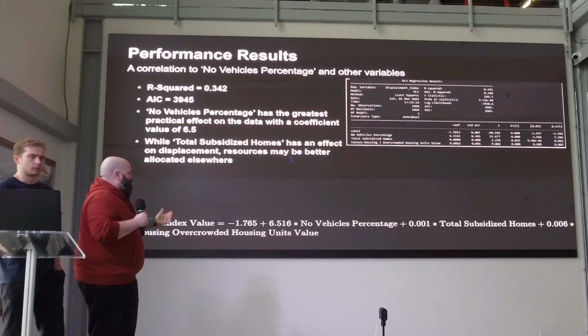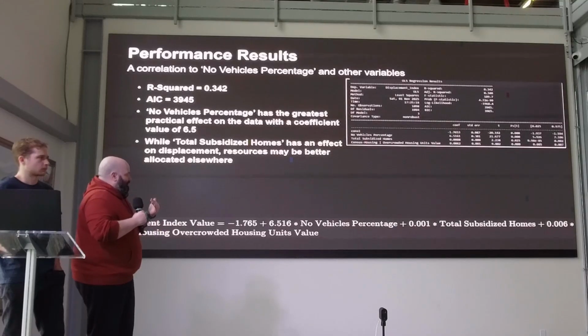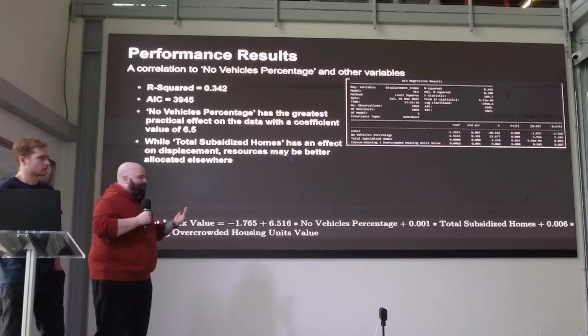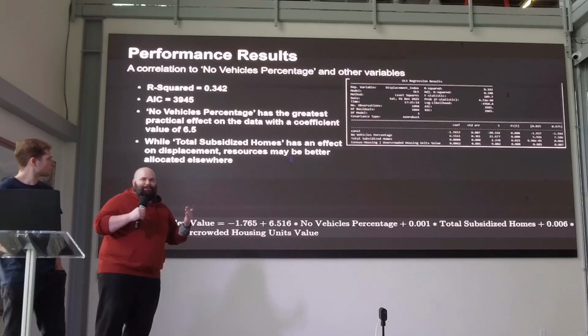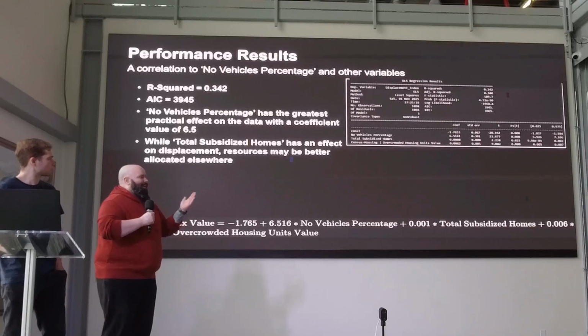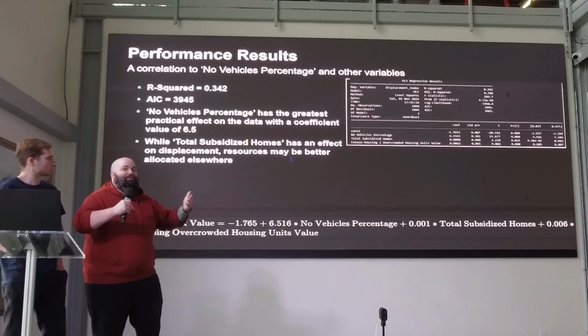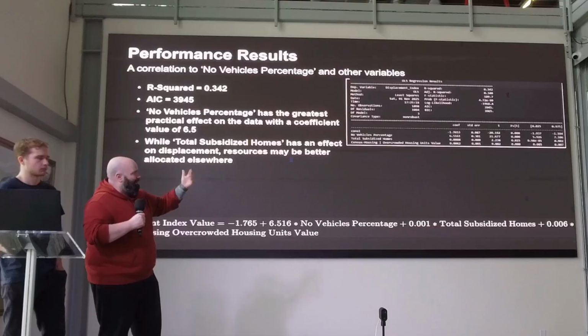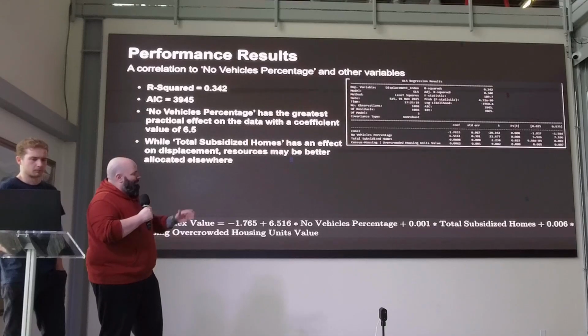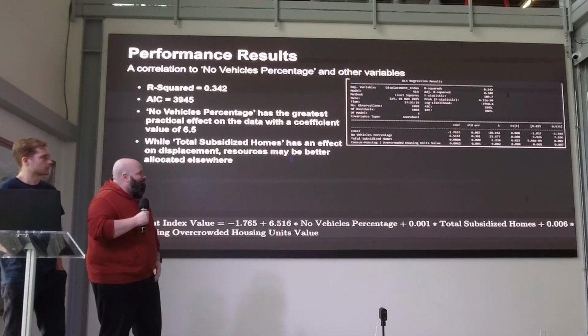Basically the estimate is that the index shifts by about 1 in 20 for every 1% change in no vehicles. The way I looked at that is, if the top of the index is 6 and you gave everybody in that zone a car, they would drop down to 0. They would go immediately back to the bottom, assuming the regression fits really well, which is questionable.